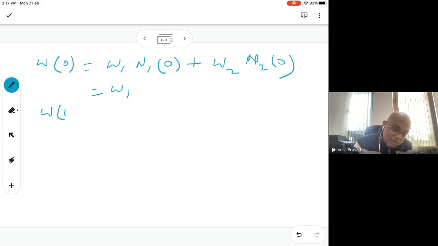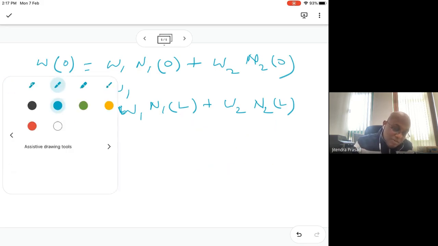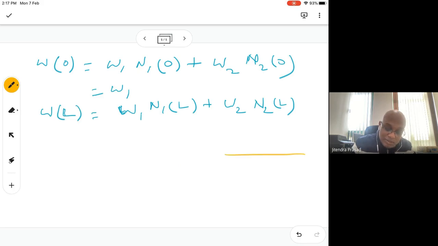Similarly, w(L) is equal to w1 N1(L) plus w2 N2(L). This term becomes 0, since N1(L) is 0 because N1 is like this and N2 is like this. I will just draw it also.